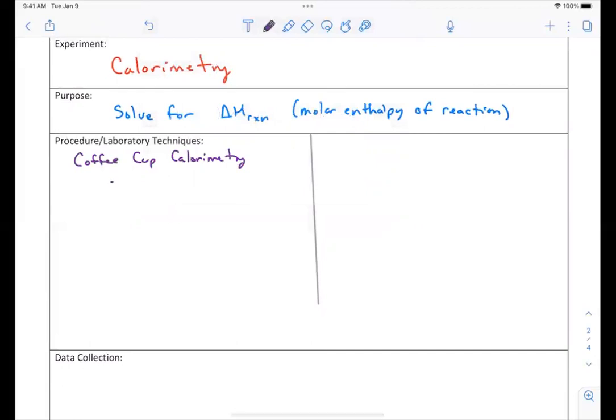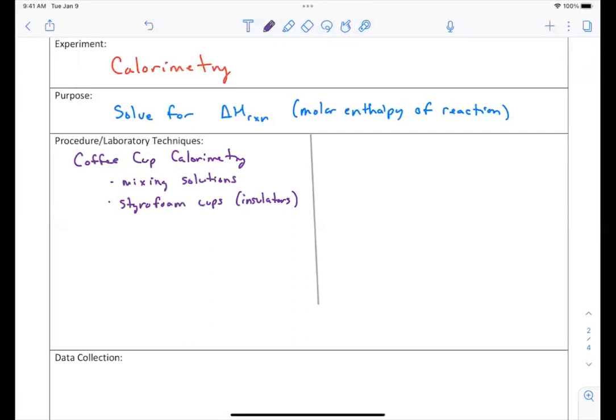Generally, coffee cup calorimetry is called that because it's done in styrofoam coffee cups. So usually you're mixing solutions together in styrofoam cups. Because they are insulators. So they're the cheapest and probably effective enough for the experiment, since the styrofoam insulates and doesn't absorb heat very well.